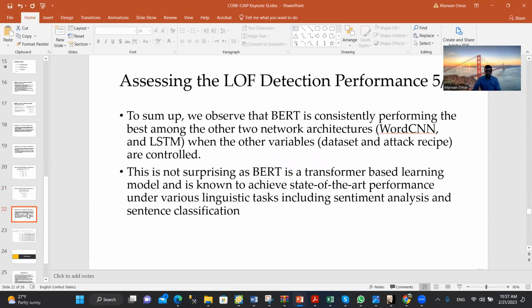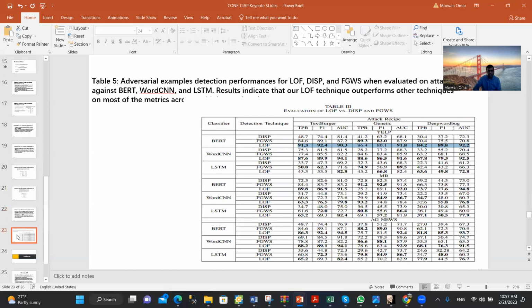So to sum up, you observe that BERT is consistently performing the best among the other two network architectures, CNN and LSTM, when the other variables, dataset, and attack recipe are controlled. This is not surprising as BERT is a transformer-based learning model and is known to achieve state-of-the-art performance under various linguistics tests, including sentiment analysis and sentence classification or topic classification.